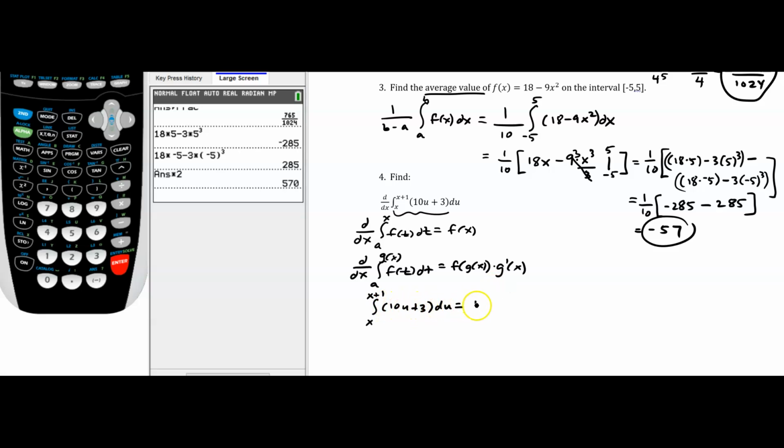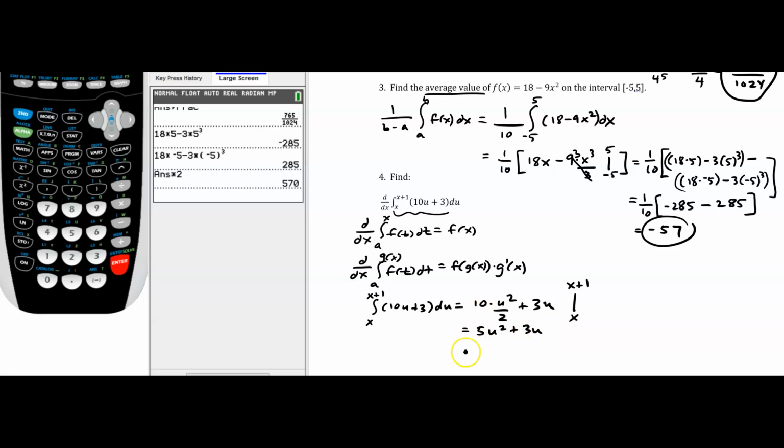It's going to be 10 times u squared over 2 plus 3u. I'm going to plug in x plus 1, subtract what I get when I plug in x. So this becomes, you can see that that's 5u squared plus 3u.